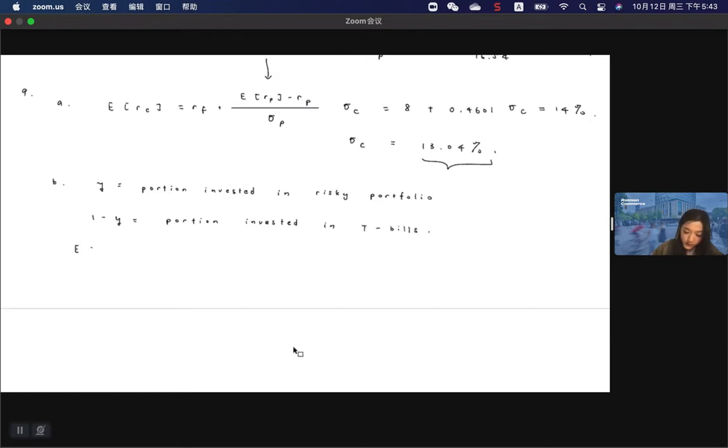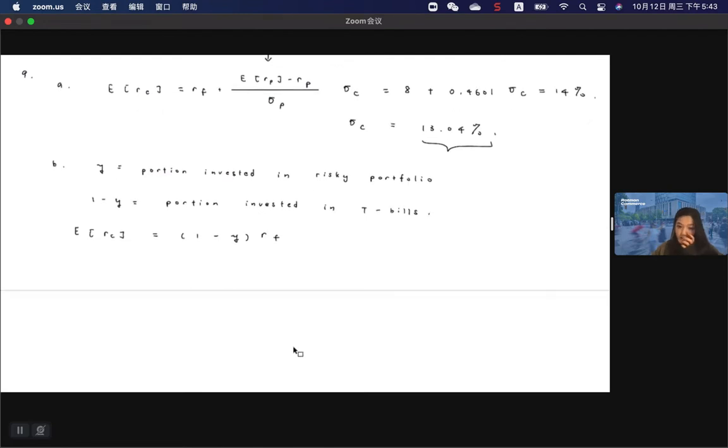Again, set up your equation as usual. Your expected return equals 1 minus Y times the return on T-bills, which is basically the risk-free rate, plus Y times the return of your portfolio. We isolate Y: RP minus RF.